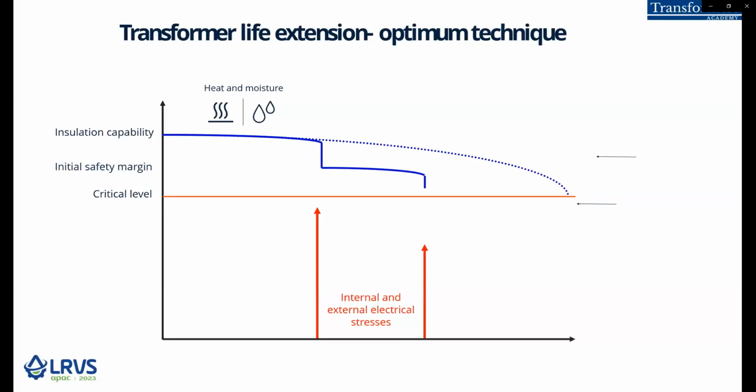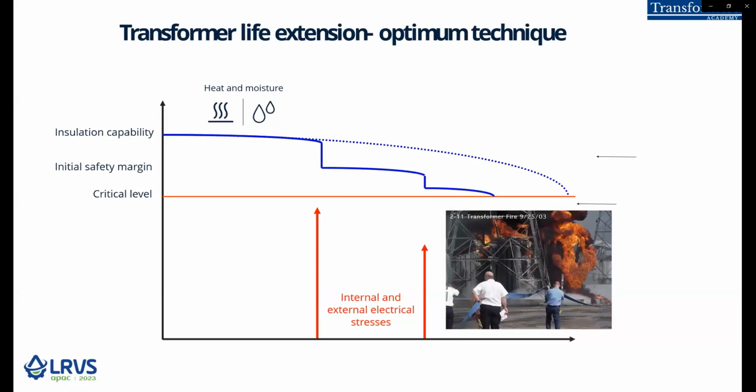Periodic testing and adequate oil treatment are the key factors for prolonging transformer life and keeping the insulation level clear of the critical one. Oil treatment may avoid fires. Fire safety measures concern many other aspects.